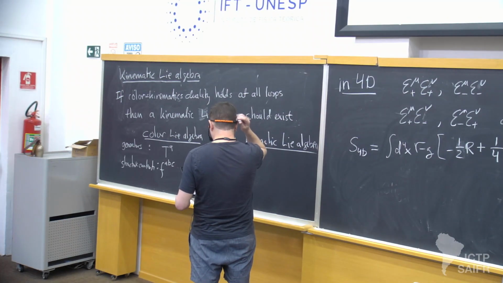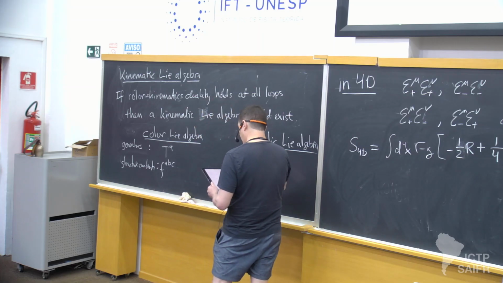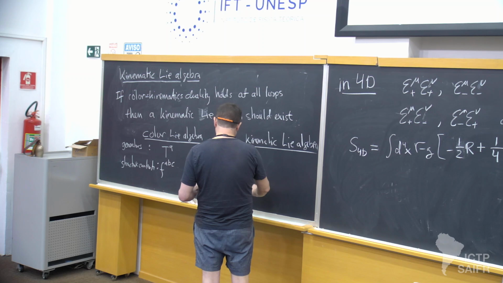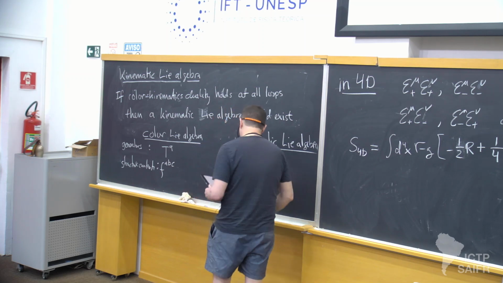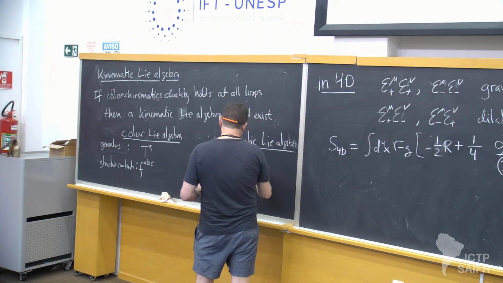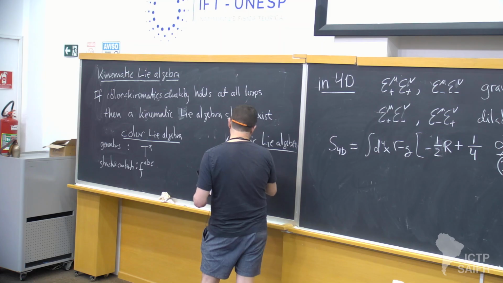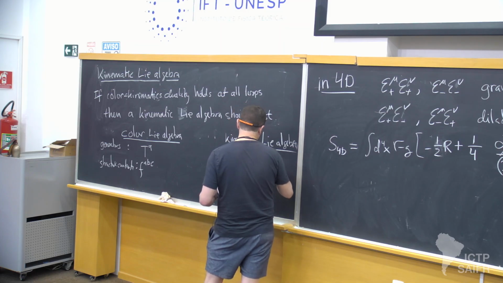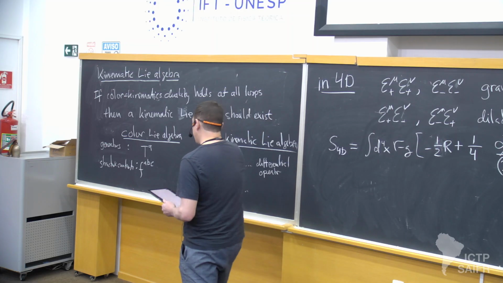And the way to think of this is that there might be other ones, but let's just stick to the ones which say something about vectors, the vector representation. This one here we should think of as being a differential operator. I will come back to that. Just like the T's are operators.